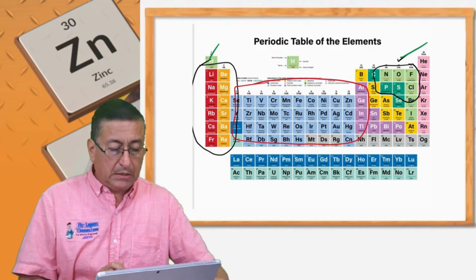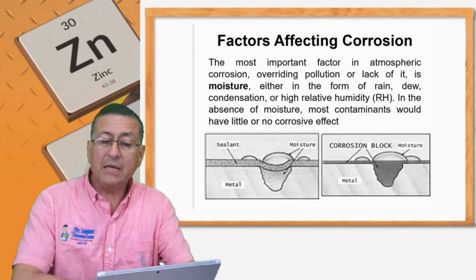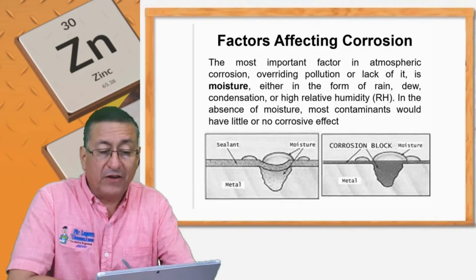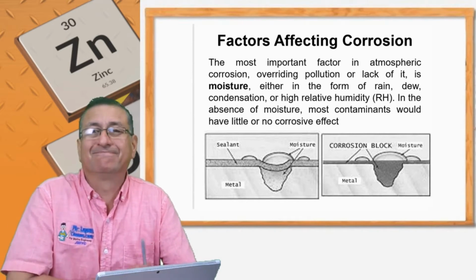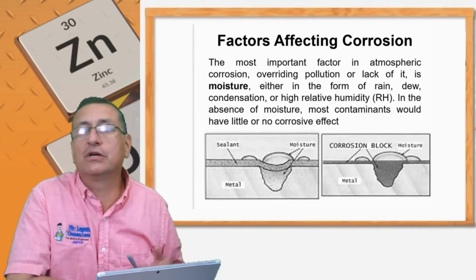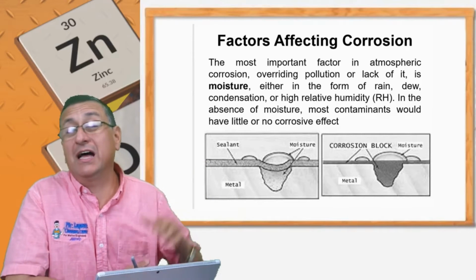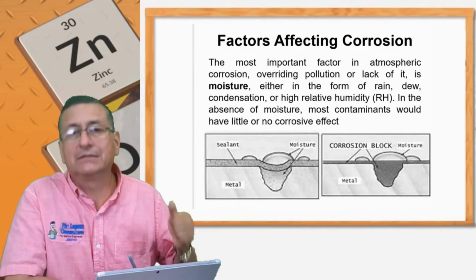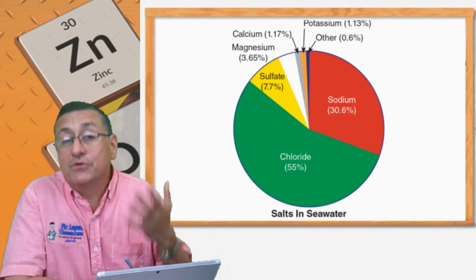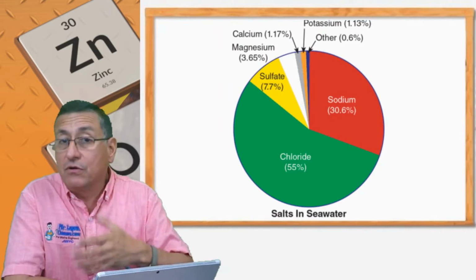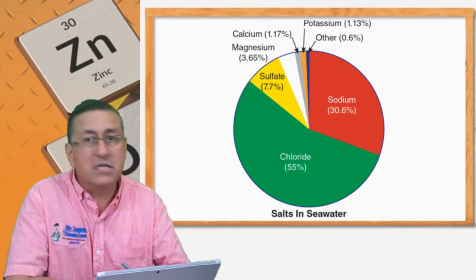Okay, my friends. Factors that affect the corrosion. The most important factor in atmospheric corrosion is the pollution, is the moisture. Yeah, the moisture, the humidity, especially marine humidity, with high level of chlorine and salt, that's the problem. Because in the composition of the salt water, remember, we have a lot of sodium, a lot of chlorine, and other components not good.